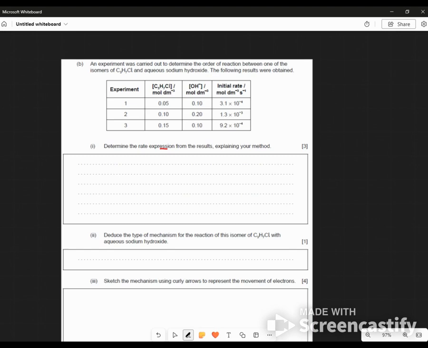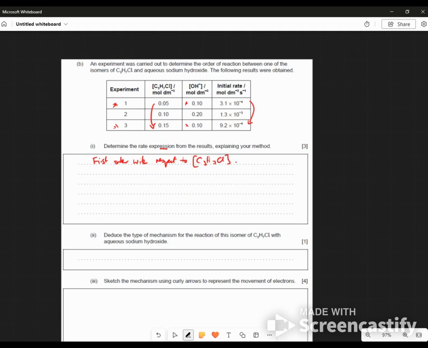Okay, so let's have a look at experiments 1 and 3. In other words, this is the same as this, and we're timesing that by 3. What happens to this? We're timesing that by 3 as well. So therefore, it is first order with respect to the concentration of C3H7Cl.